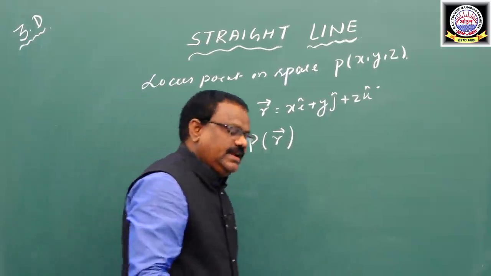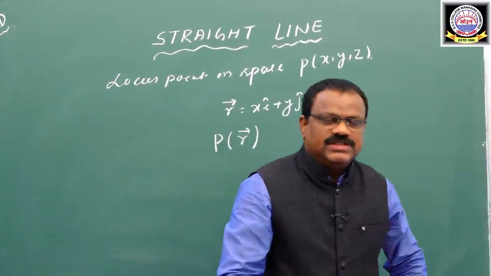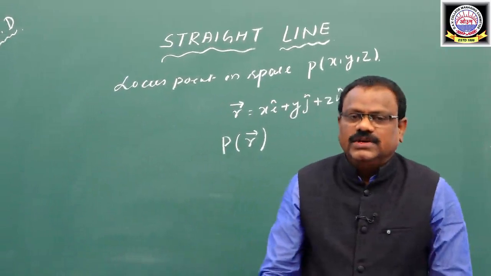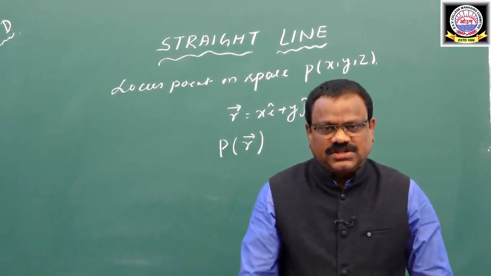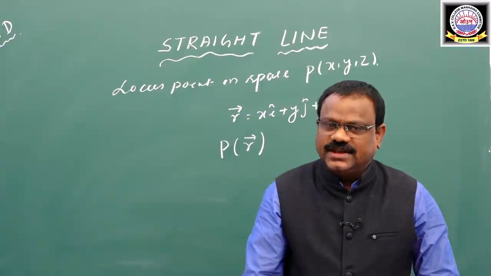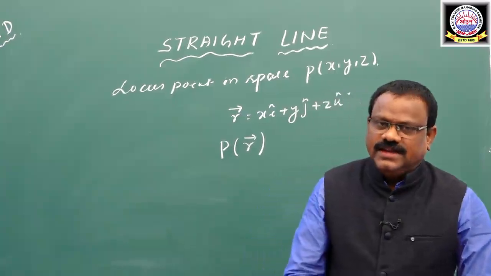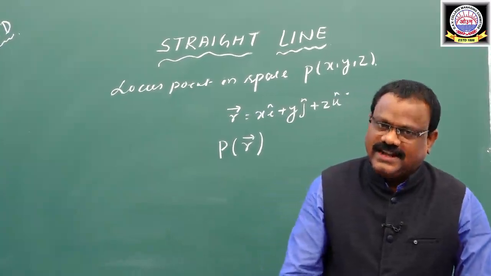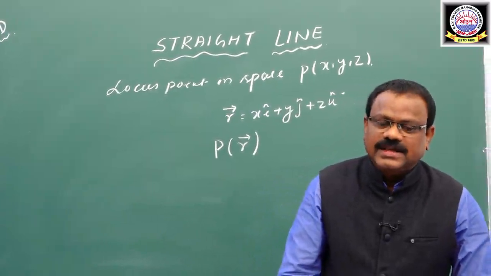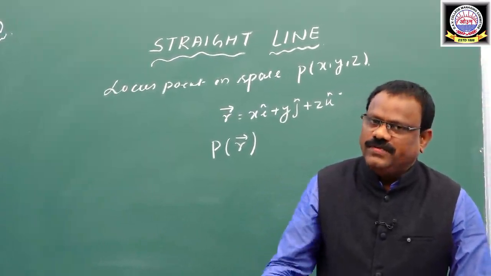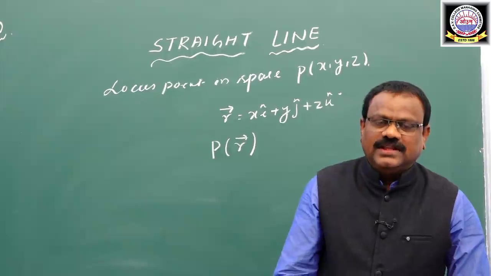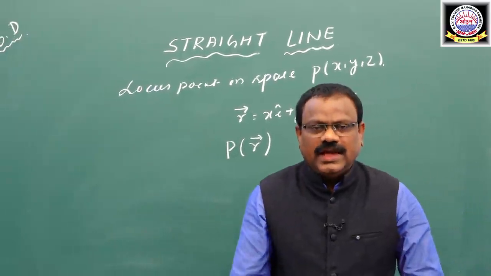So it clearly indicates that throughout this chapter we will read two types of equation of each. So we will check the equation of the straight line in two forms. One is Cartesian form, meaning in the form of xyz, and another is the vector form where r vector must be there.